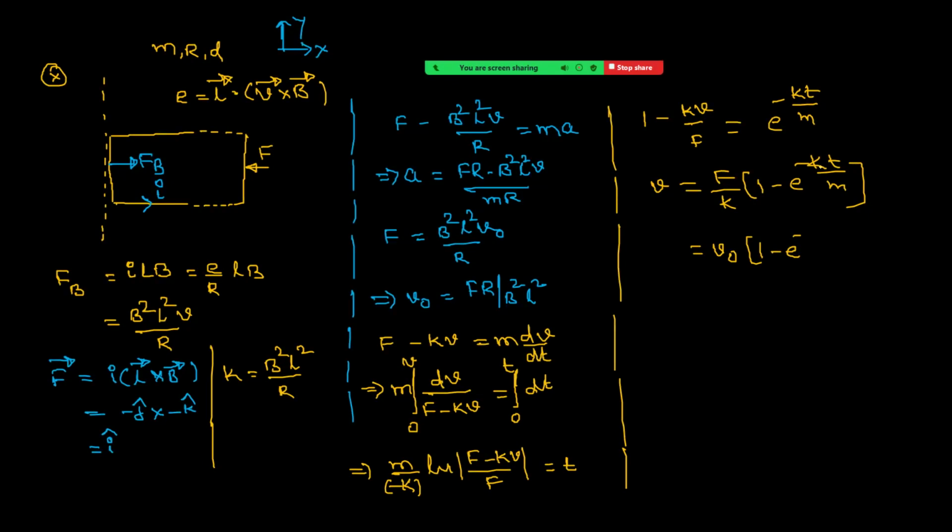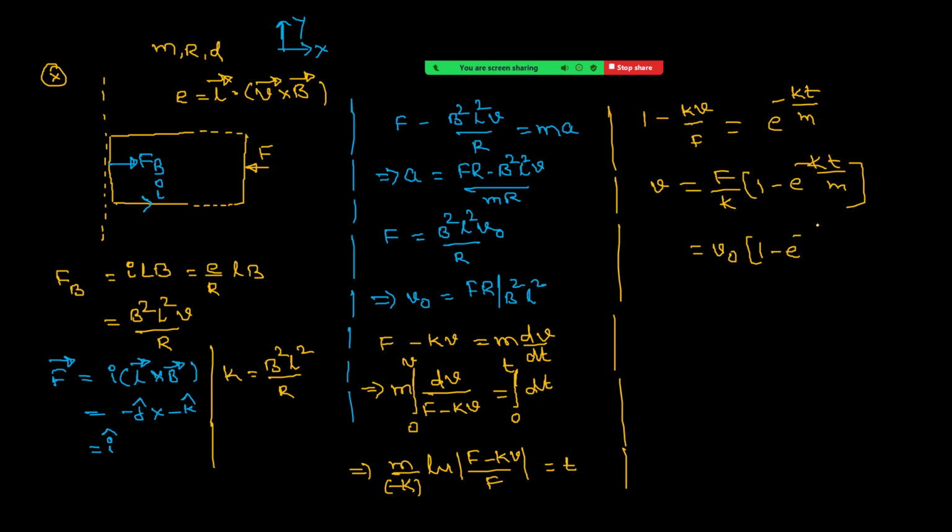In the place of k, substitute the value B square L square by R. We have to show that e power minus F t by m v naught.